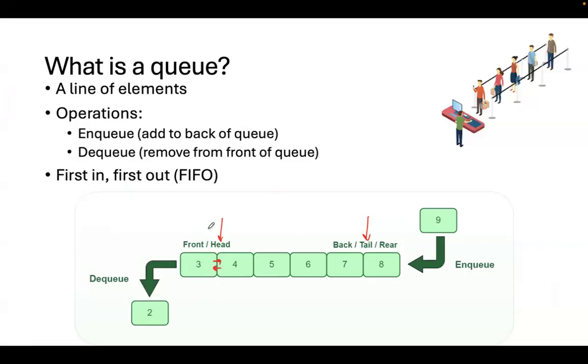Because we can just say, I want the thing at the front of the list, or I want to add to the back of the list. And if we have a pointer at both those locations, hardly any additional work is needed. We don't need to go through the list at all. We can just say, you're at the front, get out of here. Or you want to come to the back? We've added you. Great.